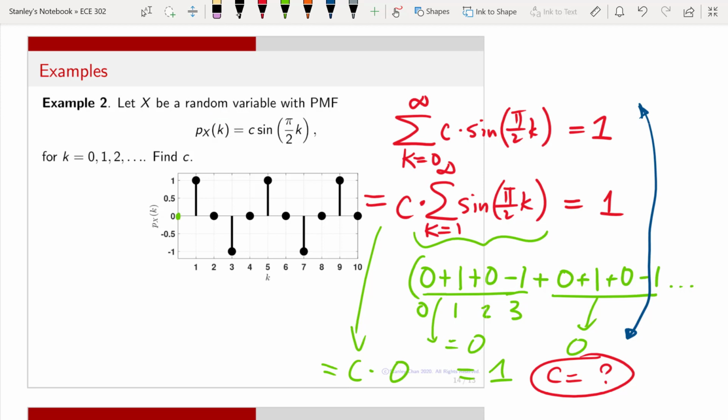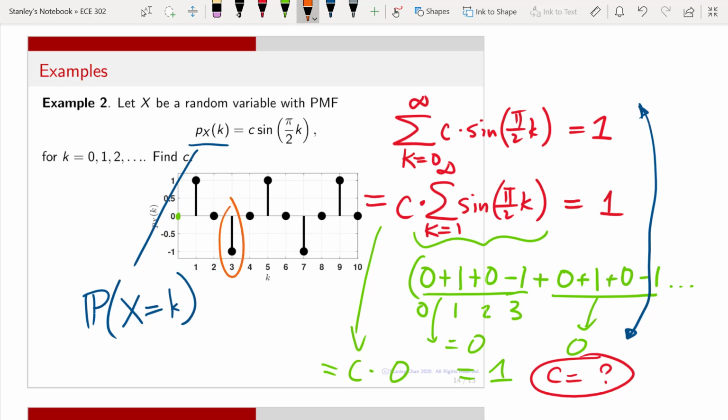Well, a PMF is what? A PMF is the probability that x will equal the state, and in this case, the state is k. And since this is the probability of an event, all these probability values have to be non-negative. But what do you have here?